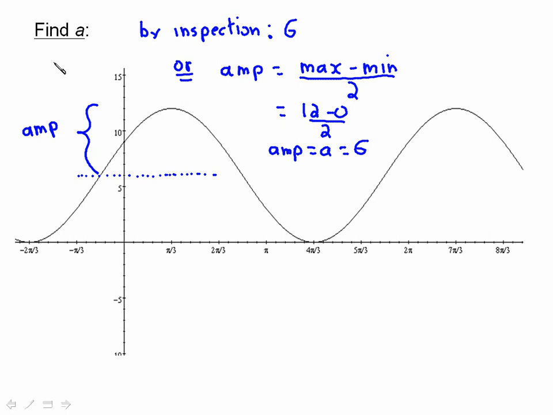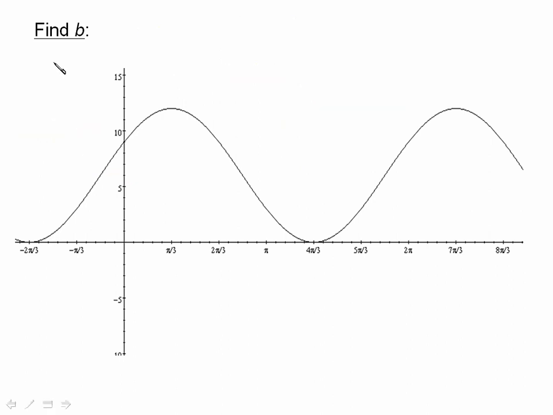Now we have to go after the horizontal measures, that is b and c. So I'll do the b first. And the b is all based on getting the period. So we need to find the period.